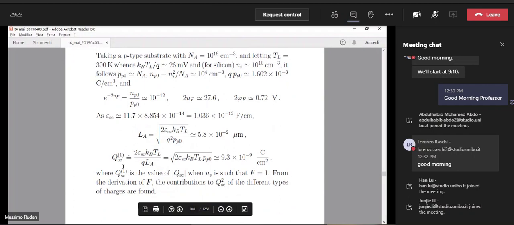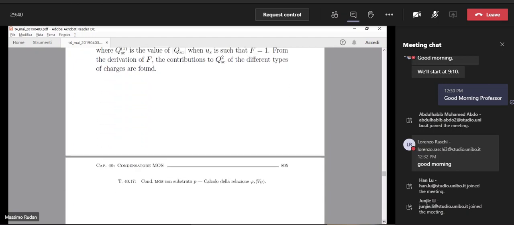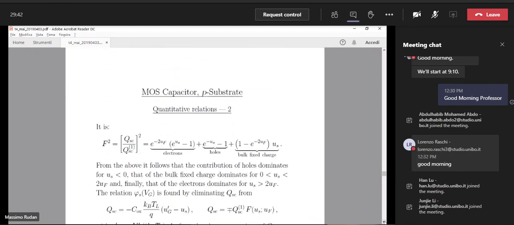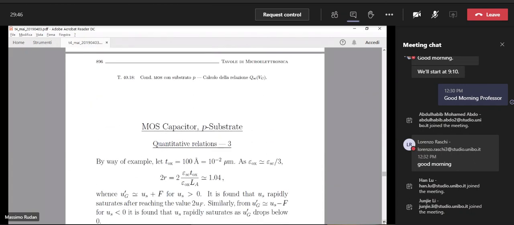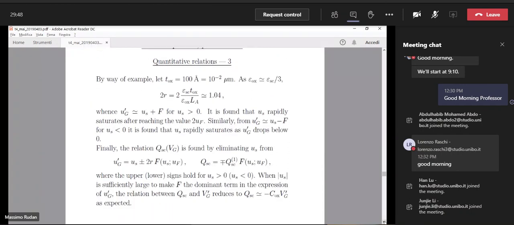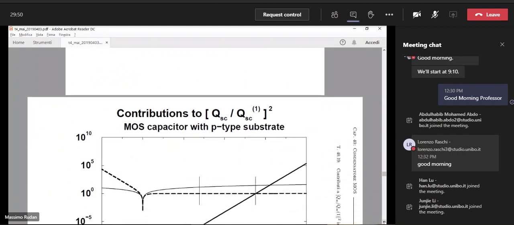So we define QSC1 as this coefficient, okay? So it is possible to use this coefficient as a normalization factor when we want to describe the charges, okay?